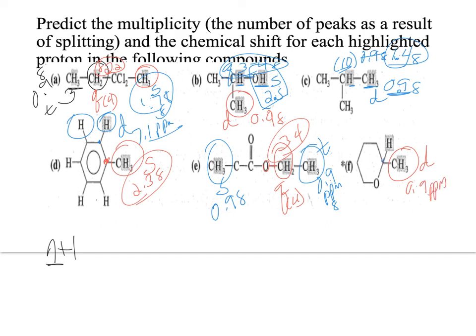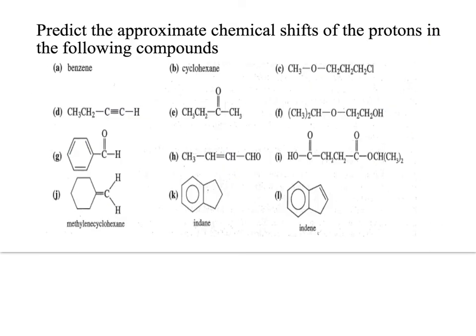And this one here, the carbon bonded to an oxygen, the hydrogen has 3, 4, 5, 6 neighbors, so that's a sextet. And it would probably be 3 to 4 ppm because that carbon is bonded to the oxygen, which is very electronegative and deshielding.